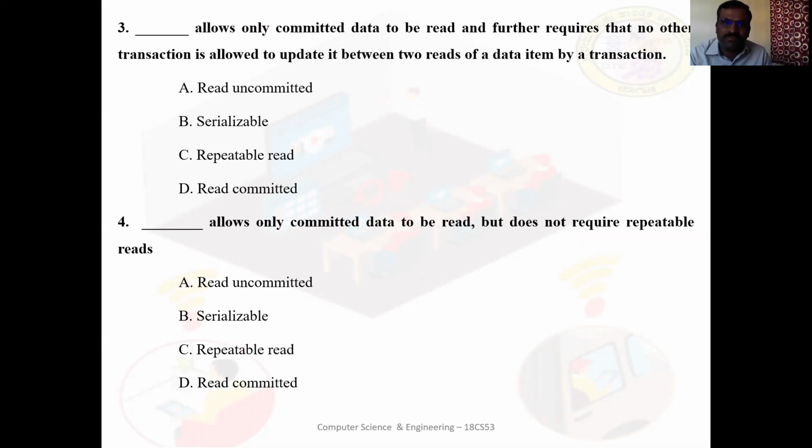The answer is repeatable read. Fourth question, dash allows only committed data to be read but does not require repeatable reads. A, read uncommitted, B, serializable, C, repeatable read, D, read committed. Answer is D, read committed.